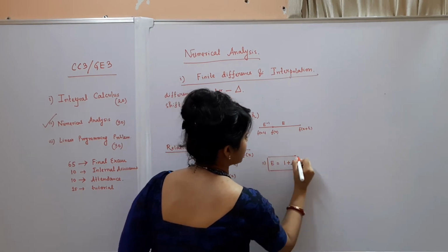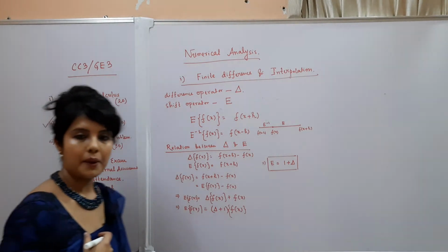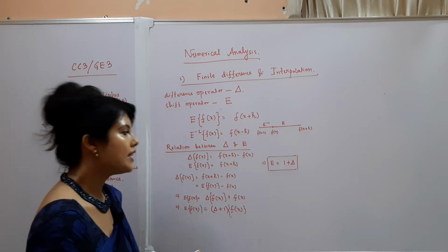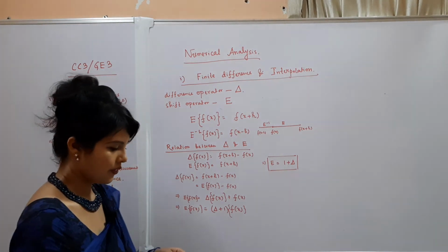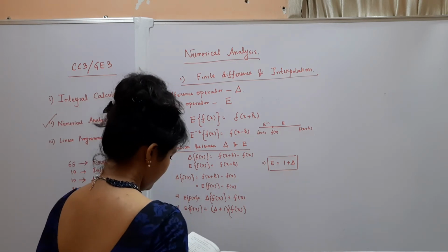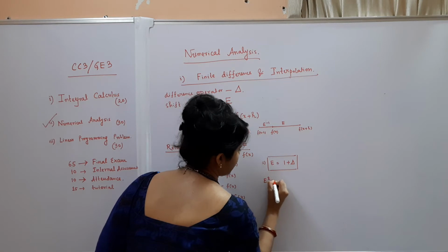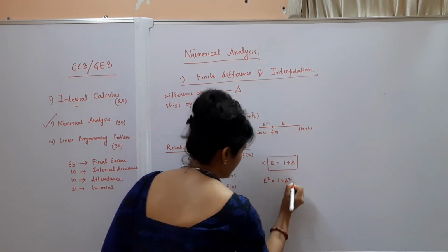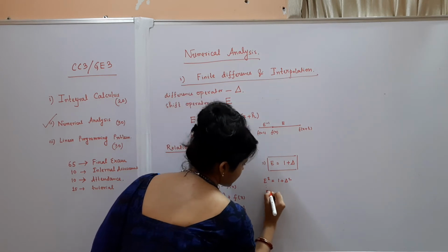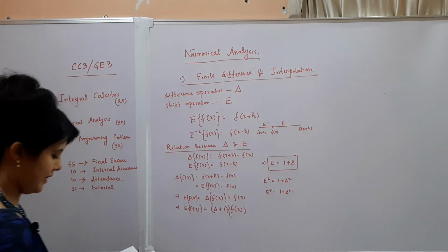This relation is very important for solving problems. So this is the relation between E and delta. And again, if you move like this, you will get E square equal to 1 plus delta square, and E to the power n equal to 1 plus delta to the power n.